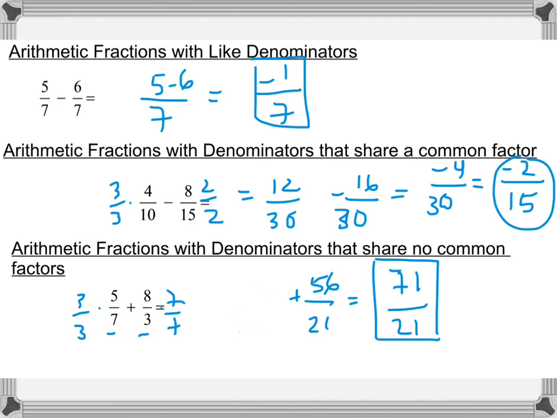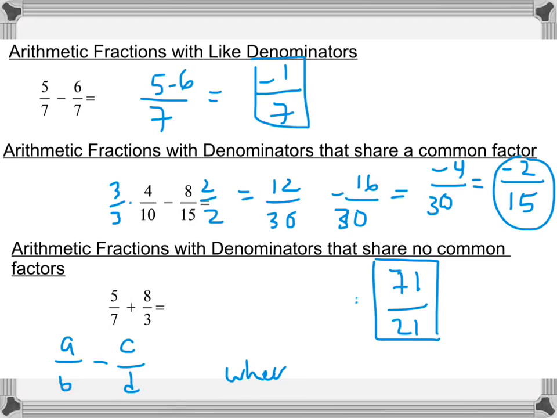One quick note about this type of fraction, and only the third type of fraction, is a quick way to do it. A/B minus C/D, and this is where the denominators B and D have a GCF, well, let me write it this way. The GCF of B and D is 1.